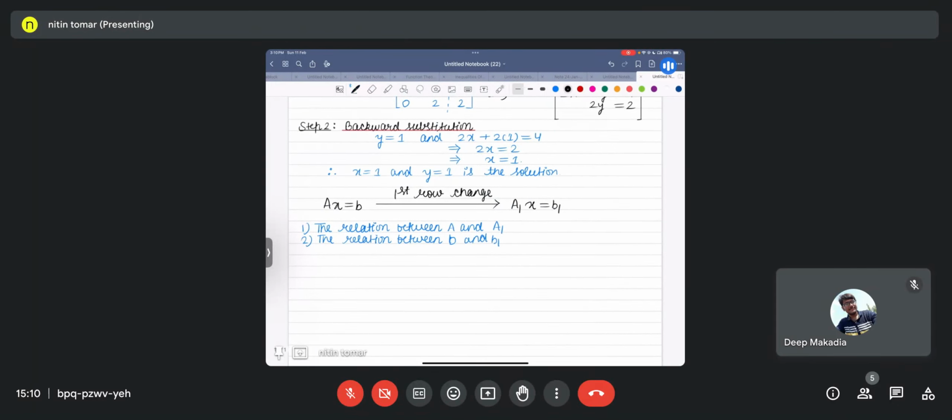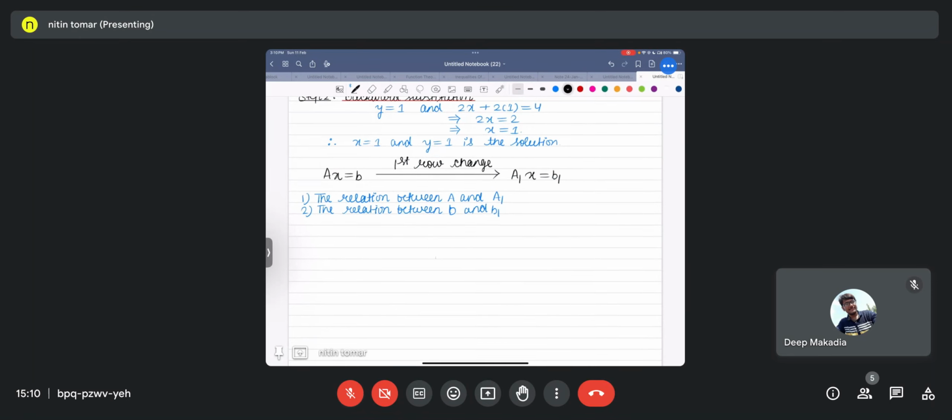Now, all of you agree if I start with Ax equal to b, and if I multiply it with some matrix, let's say P, then PAx should be Pb. All of you agree? That's correct. And if P is invertible, let's say P is invertible, then can I say this is if and only if?